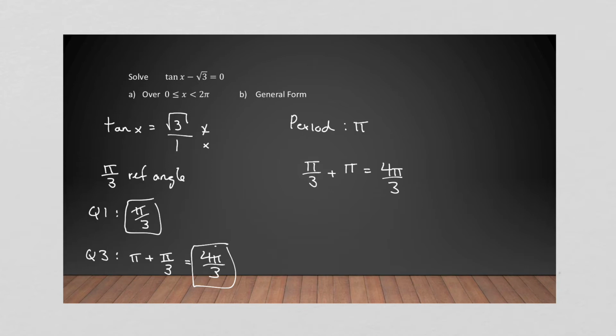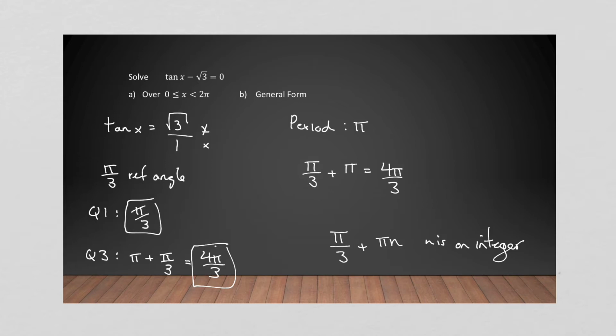And 4 pi over 3 plus pi is just going to continue the period rotation of our tan wave. So we don't need plus 2 pi n anymore. In this case, we just have the one general solution, pi over 3 plus pi n. And again, n is an integer because our period is smaller, pi, and that repetition occurs more often. So for tangent, it is a plus pi n.